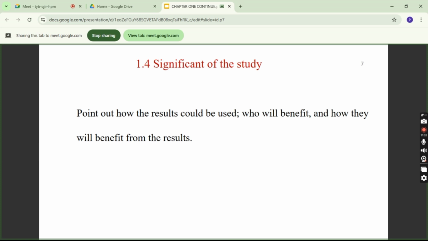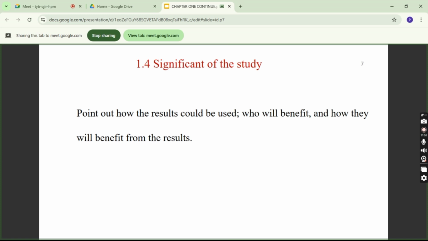So it touches on the contribution of the study to knowledge, practice and policies. So for the project work that we are writing under this session, you are only giving out the importance of you doing that study in benefit of the students, the learners, the teachers, the headmistress, and the entire stakeholders.